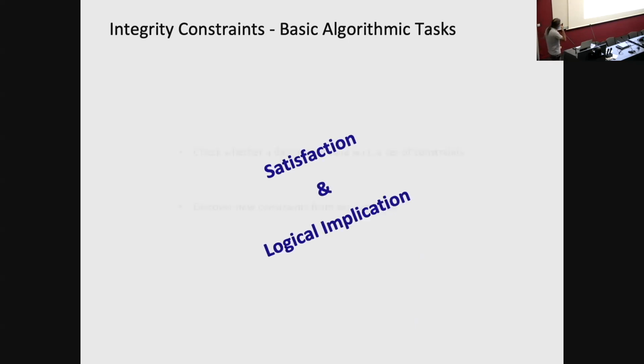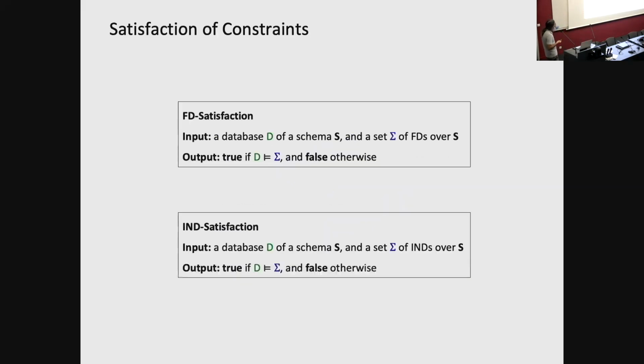And this brings us to these two tasks, what I call the satisfaction and the logical implication problems. Let's see what these are. For each class of constraints, we can define the analogous problem, and here I define both, which are defined in exactly the same way. The only thing that changes is the class of constraints. So the FD satisfaction problem is this decision problem here.